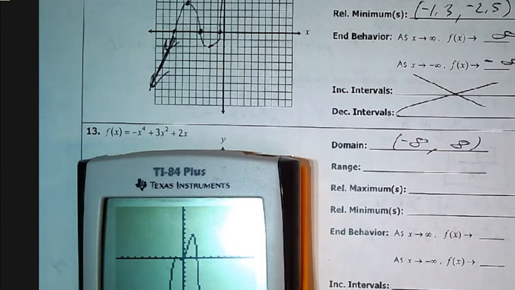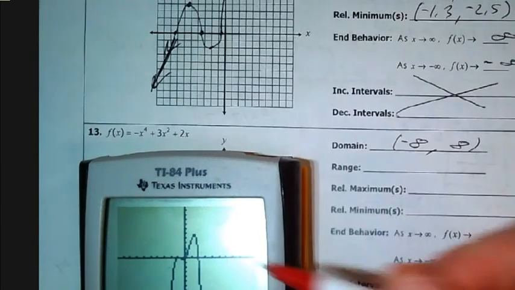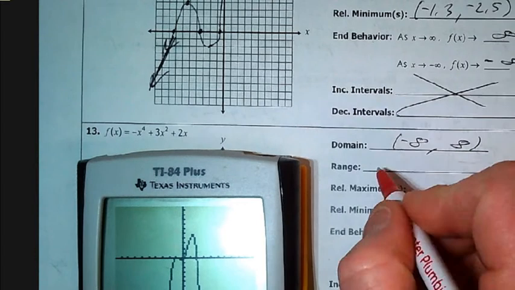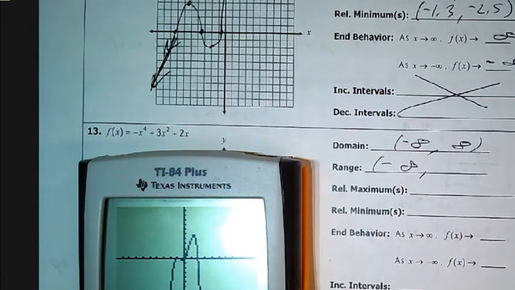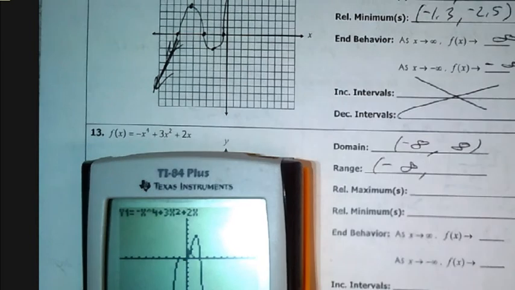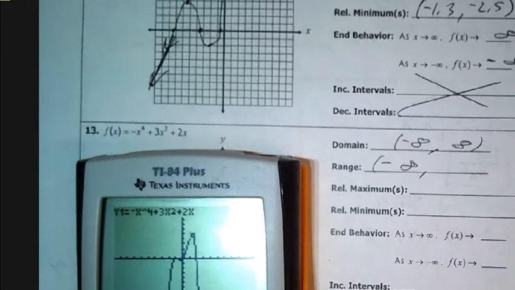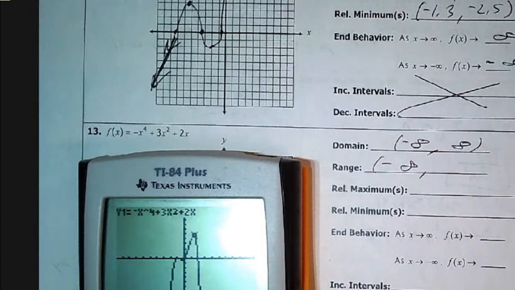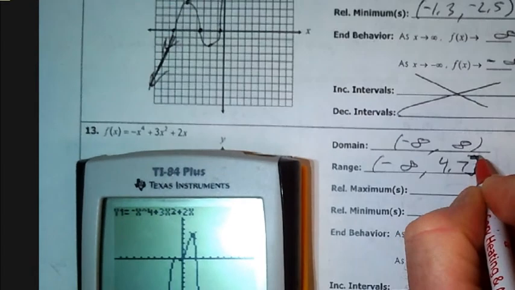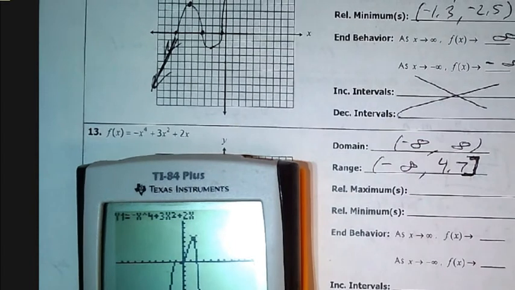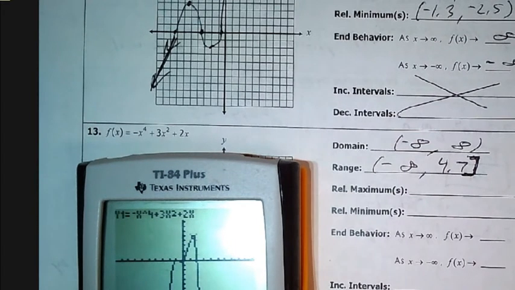Alright, so I can see my range is going to go from negative infinity, because it goes down forever, all the way up to whatever that highest y value is. And I can use my trace button for that. It appears to be about 4.7. So I use a bracket for that. That's also my maximum.